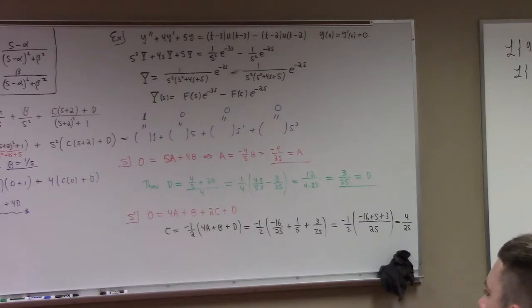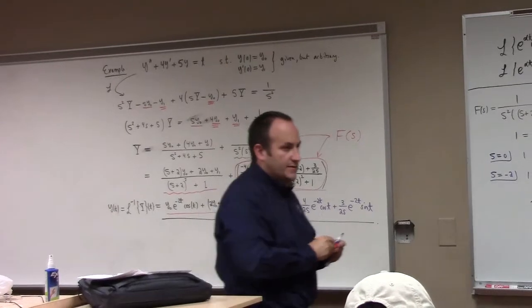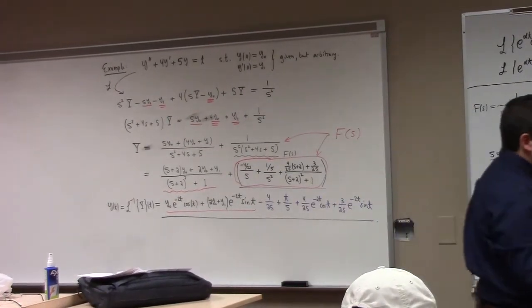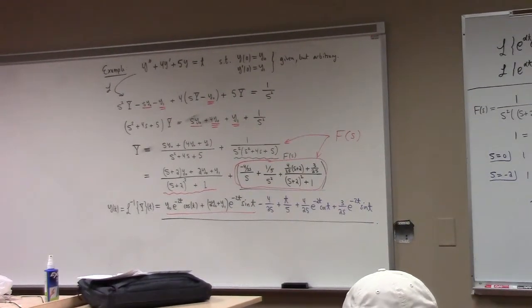And remember, we just did a bunch of calculation to show that this thing right here is F(s), whichever way you want to look at it. 1 over s squared times (s squared plus 4s plus 5)? Sure, or the partial fractions decomposition, which we worked out.